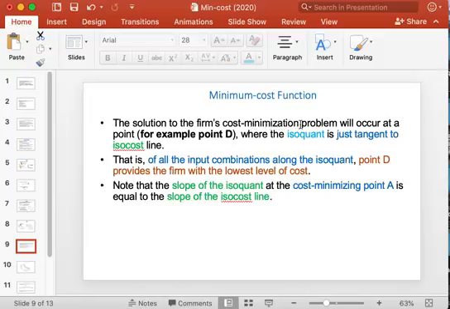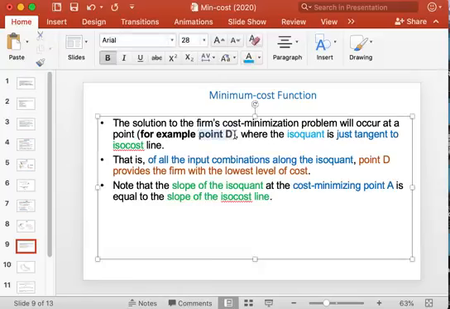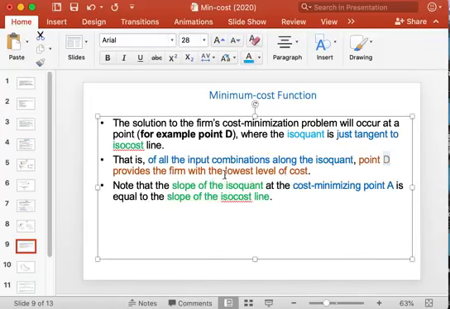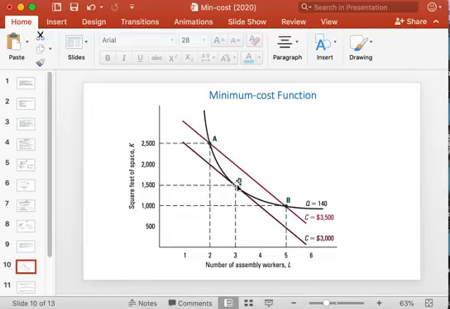The solution to the cost minimization problem will occur at point D. For the input combination at point A, the cost is $3,500, and for point B the total cost is also $3,500, whereas this point, which is tangent to this isocost line, is $3,000 only.